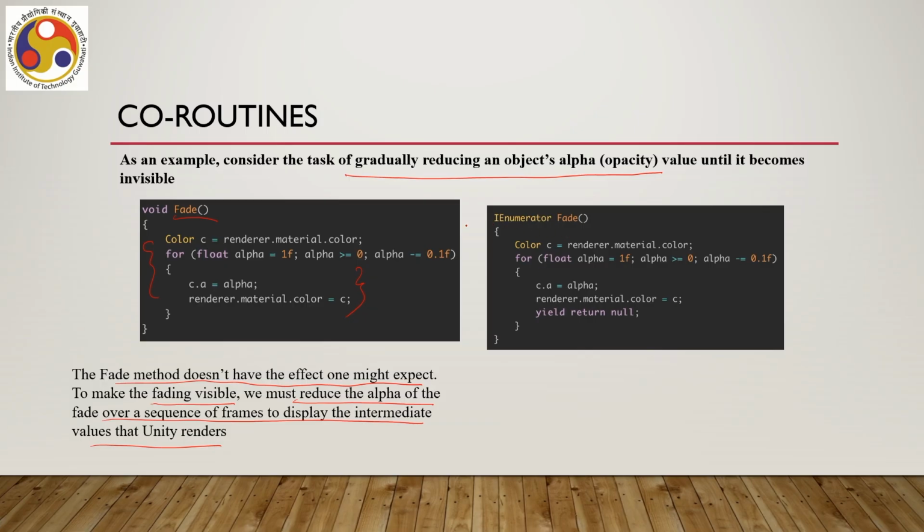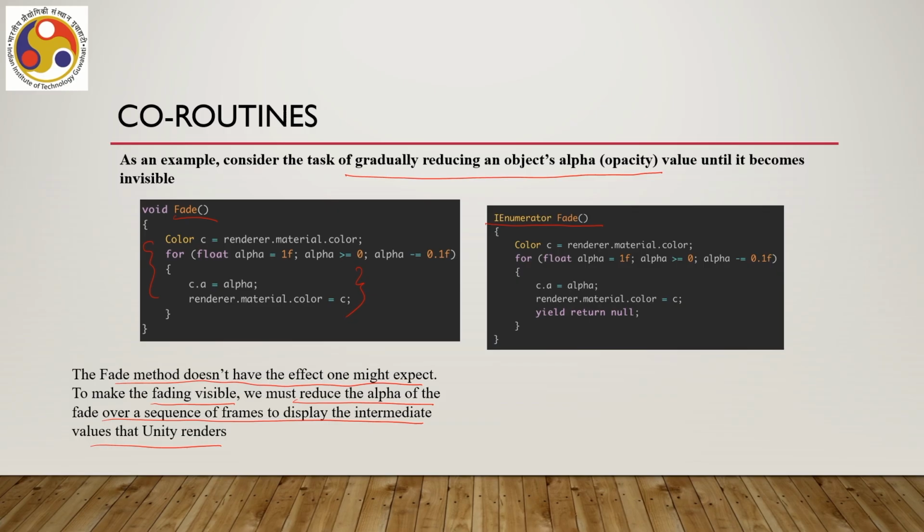So, here what happened is that we are calling the Fade function, but the effect of that function may not be perceivable because it is called only once. Instead, if we use it as a coroutine, say IEnumerator Fade, then across frames the fading takes place.